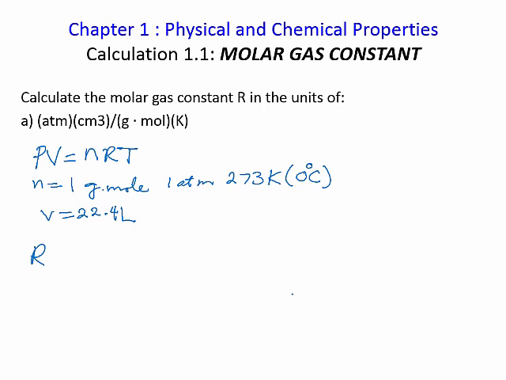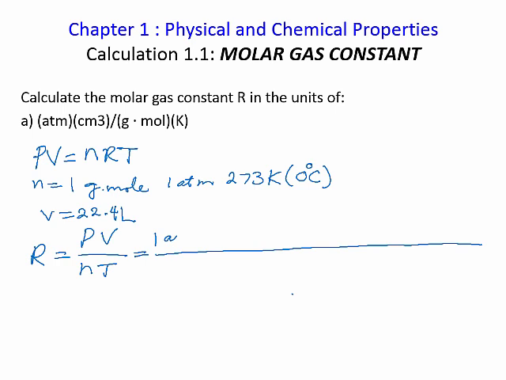With this information, we are going to insert numbers in order to calculate R. So R is equal to PV over nT, which is equal to pressure P, which is 1 atmosphere, volume 22.4 liters, over 1 gram mole of gas, over temperature of 273 degrees Kelvin.